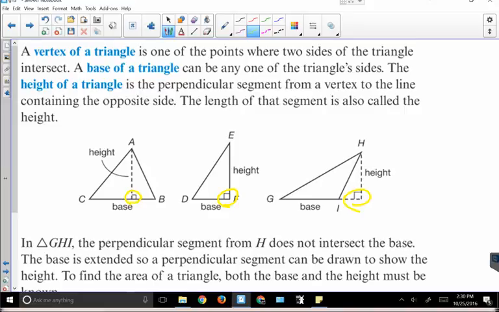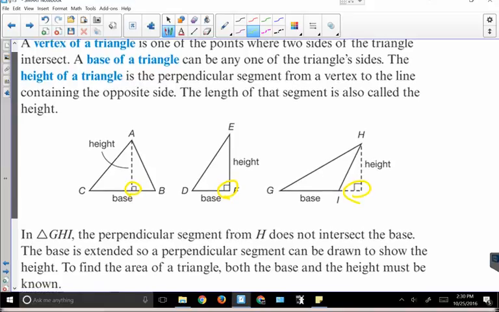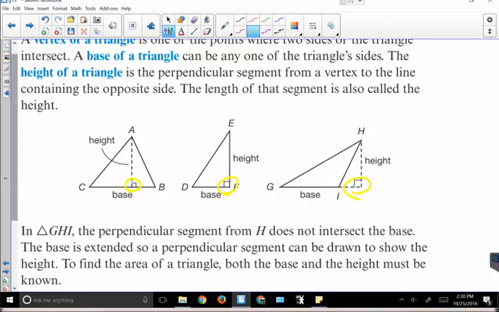If I don't have that, I can't say that one is the base and one is the height, okay? So I got to have that right angle in there, otherwise this will not work. Now the thing is, I can turn these triangles around any way I want, and as long as I can measure the height, I'm fine. But I need to make sure that that's identified.